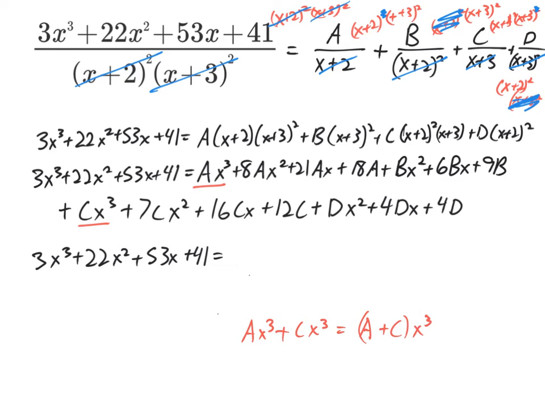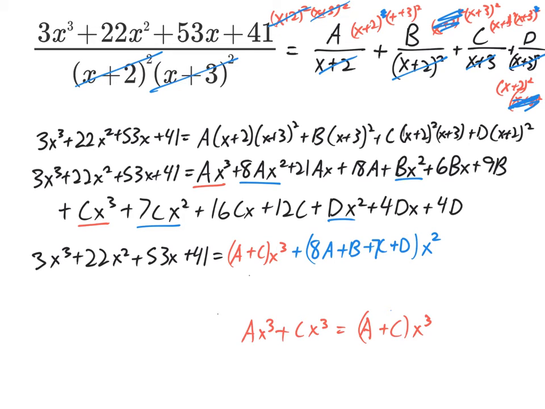I'm going to do that for every single one of these, so you're just going to have to stick with me. So this is going to be A plus C times x cubed. Then I have my squareds. There's an x squared in each of these four terms. So that's going to be plus 8A plus B plus 7C plus D, all with an x squared.